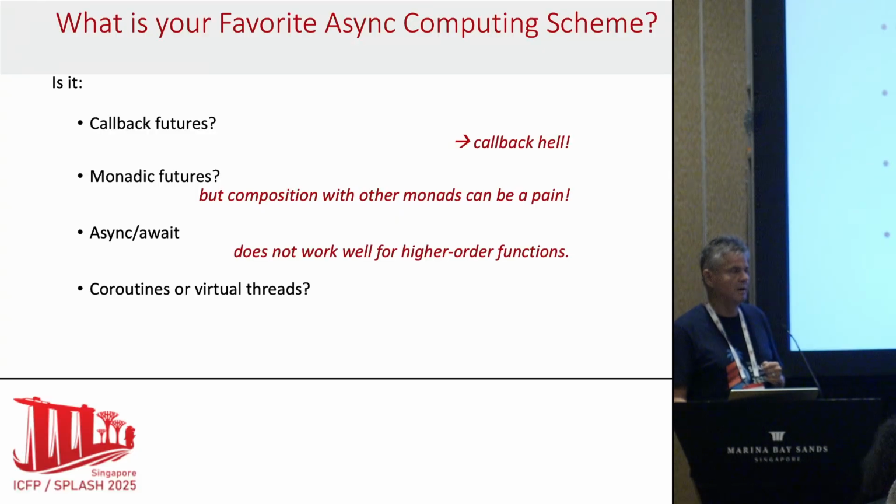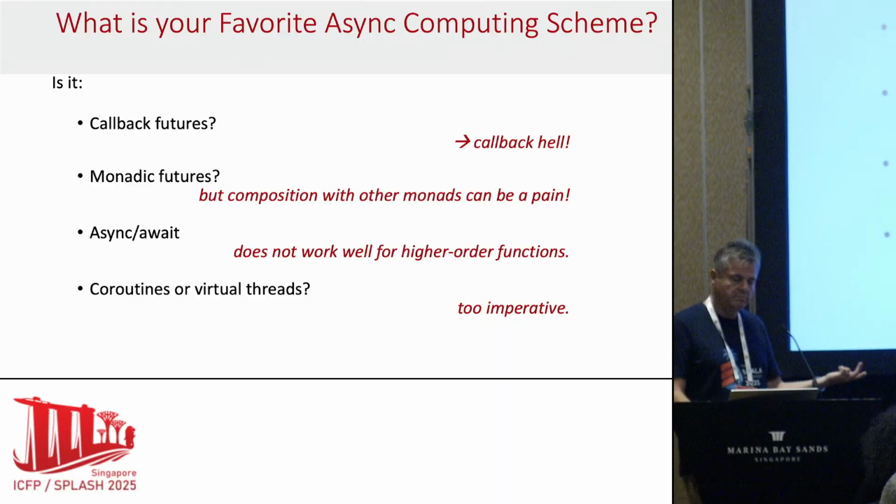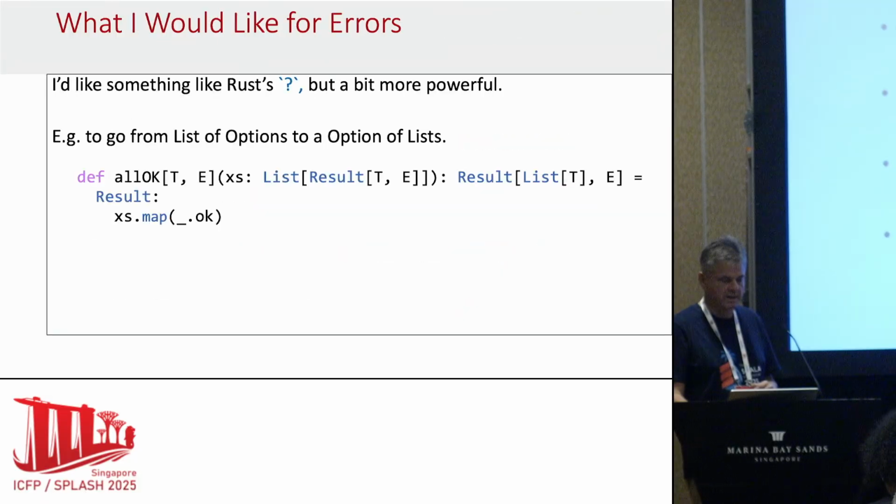Async await is an improvement there, so we have this async await macro that does that, but it doesn't work well for higher-order functions. Coroutines and virtual threads, yes, but that's imperative. Again, we have access to essentially concurrency and cancellation without putting that in the types.